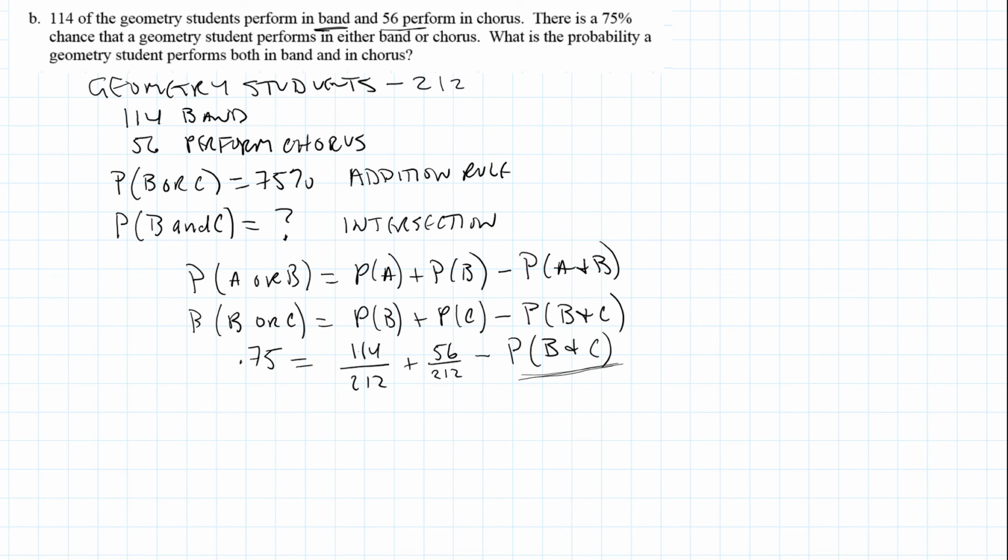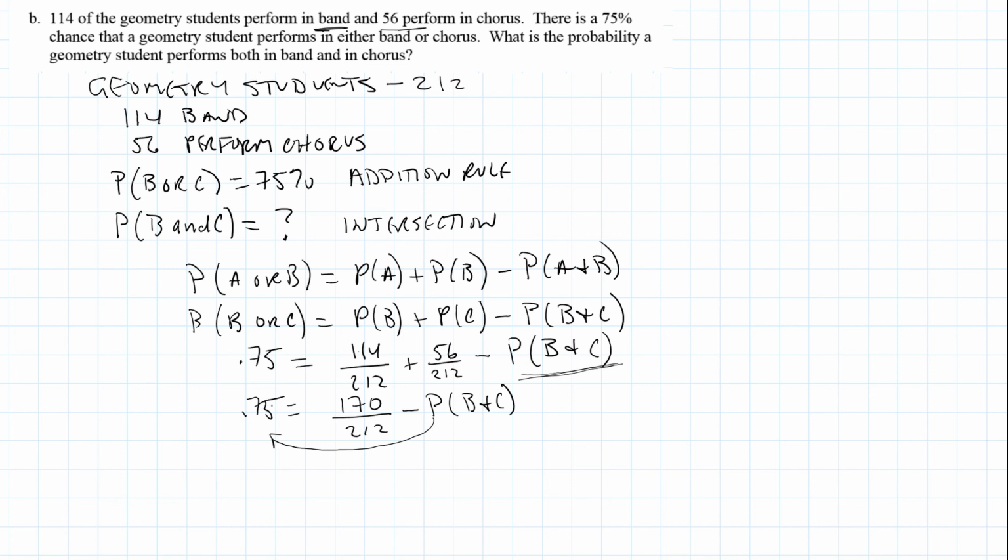So there are a lot of different ways to do this. I think what I'm going to do is first combine the fractions. So 114 plus 56 is 170. So this is 170 over 212 minus the probability of band and chorus. Now I'm going to move this over here because that'll make it positive, right?